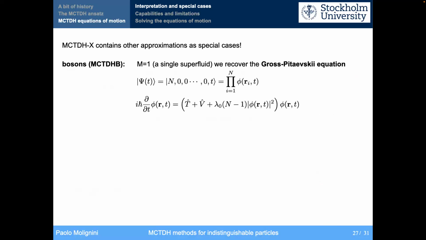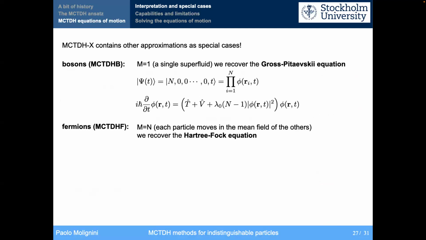You can get the corresponding nonlinear equation by the variational procedure with this many-body wave function, and you get the Gross-Pitaevskii equation, which is basically a Schrödinger equation with an additional nonlinearity that comes from the probability density of the wave function itself.